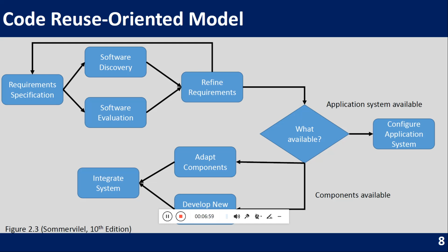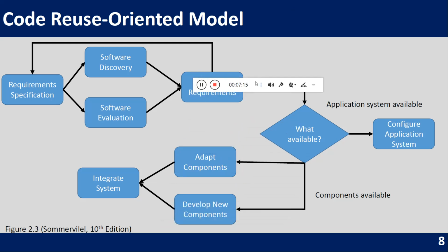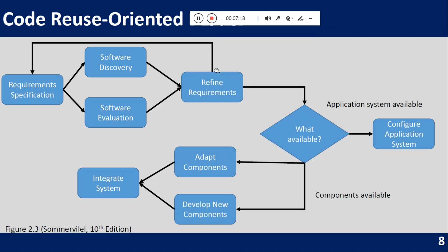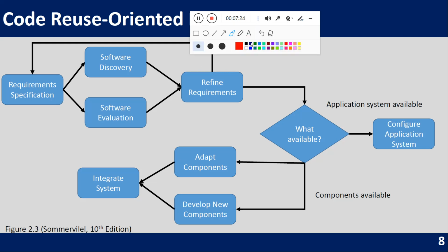And what if you can only find some components, where maybe the APIs to write the GUI and the user interface, then you can integrate the new components into the system. This one is just a part of it, and this one is the whole system.